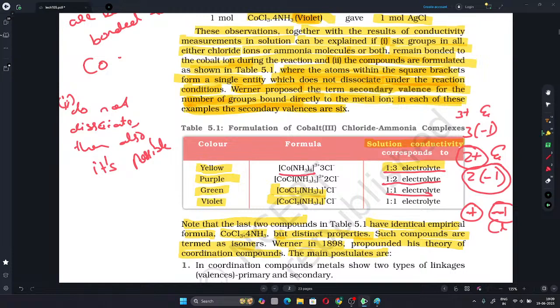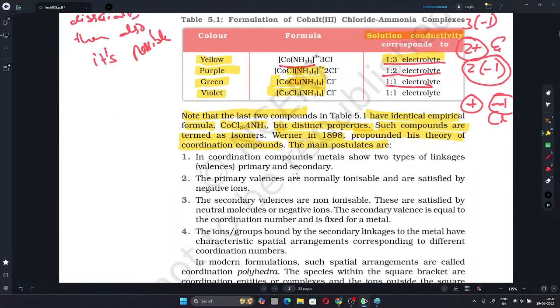The secondary valency is the number of groups bound directly to the metal ion. In each of these examples, secondary valences are 6: here 1 chlorine and 5 NH3, 1 plus 5, 6. Here 2 chlorine and 4 NH3, 4 plus 2, 6. So the secondary valency of all these 4 compounds, or coordination compounds, is 6.